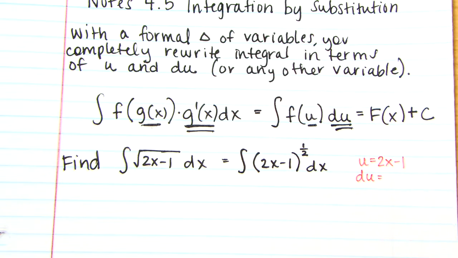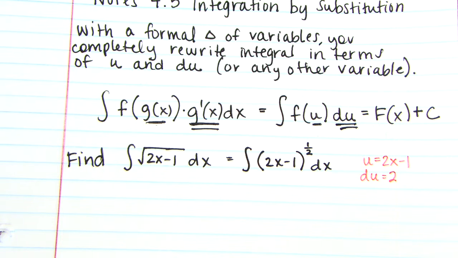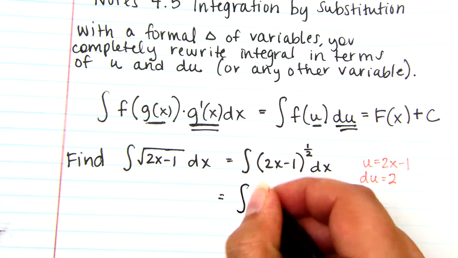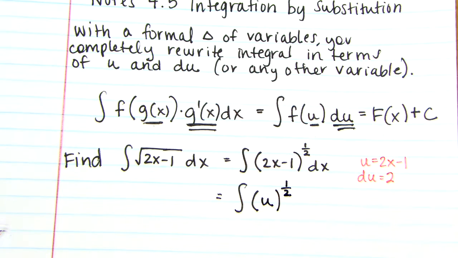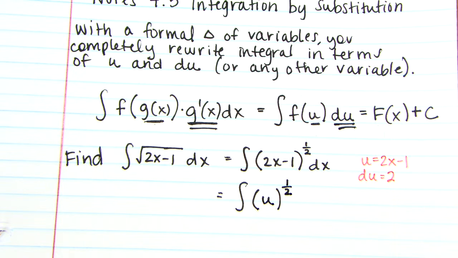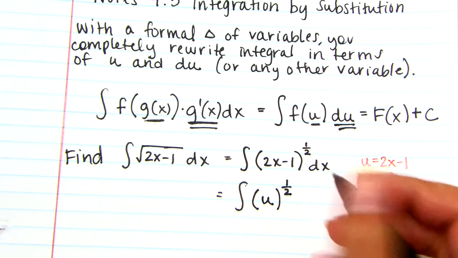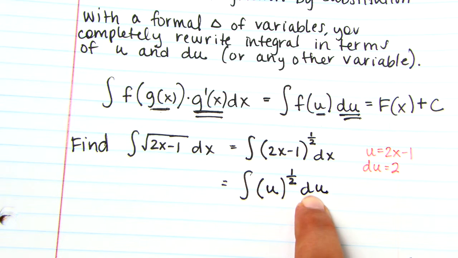So d of u is what? Don't lie to me. 2. Okay. Derivative of u. Okay, so my du is 2. When I go to rewrite this, now I have u to the 1/2, but the du part, if I'm going to write du, right now, that's equivalent to 2.